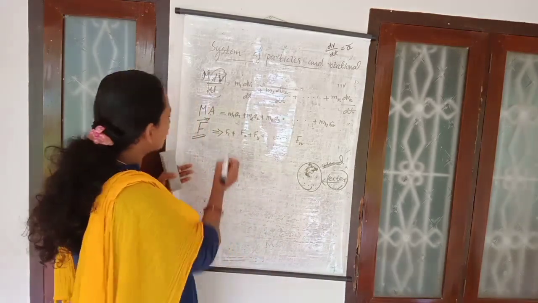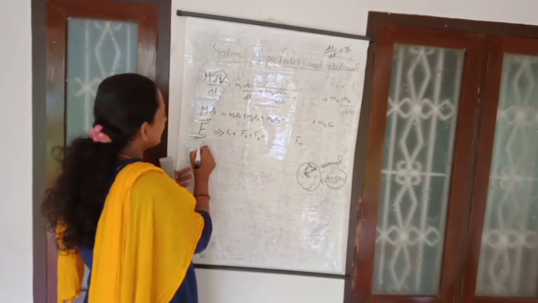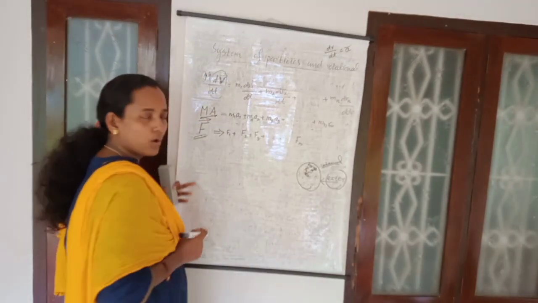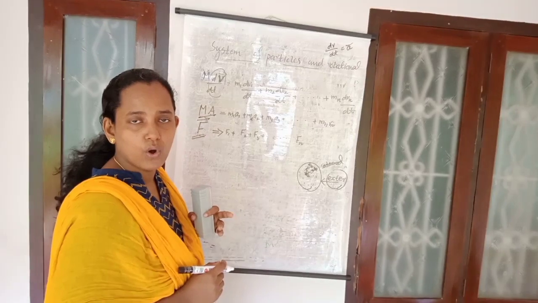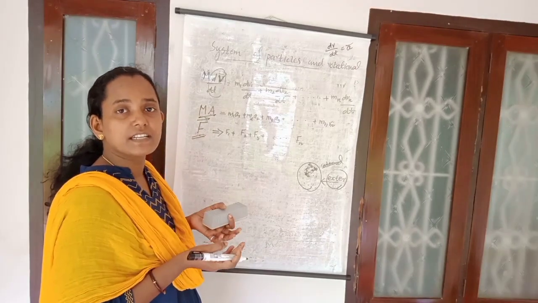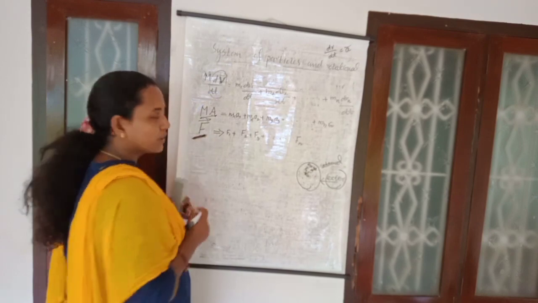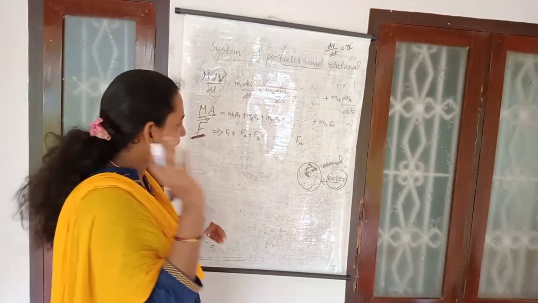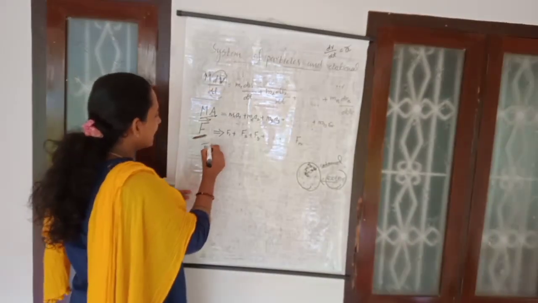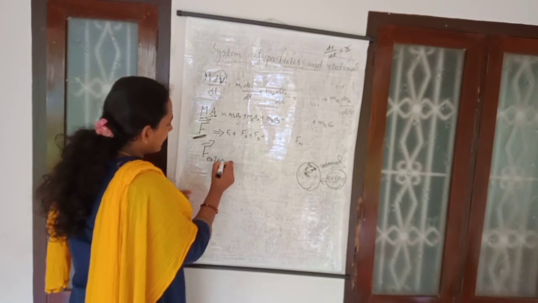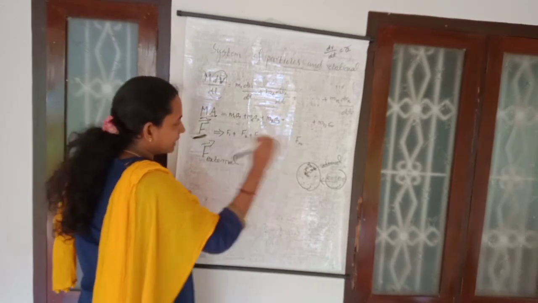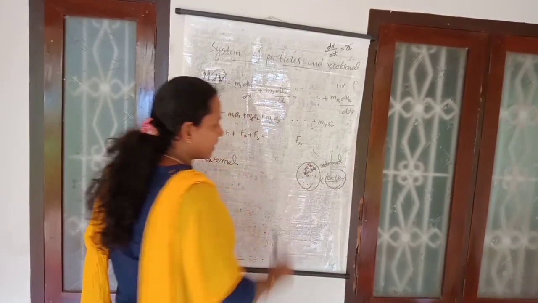So here, the force on the center of mass, MA, stands for what? The acceleration of that center of mass, and that acceleration is causing a force on that body, which means that force is purely external. There is no presence of internal force on that system. Internal force gets cancelled.